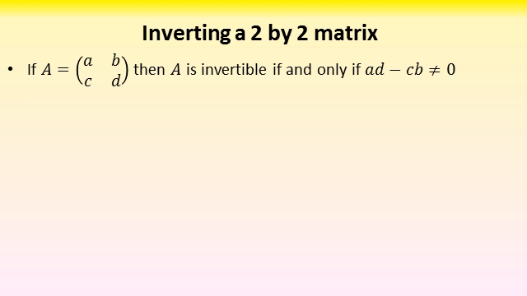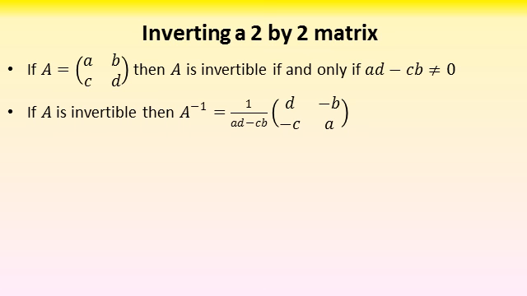The way to prove it is simply to check when A is row equivalent to I. If it's invertible, then the inverse is given by this formula. In front of the matrix, you have the inverse of this non-zero term, ad minus cb. And for the matrix elements, note that the diagonal elements have swapped places, and you have a minus sign in front of the non-diagonal elements.